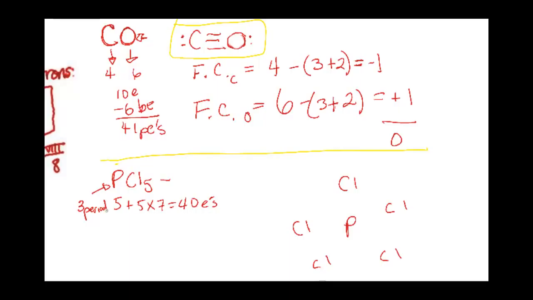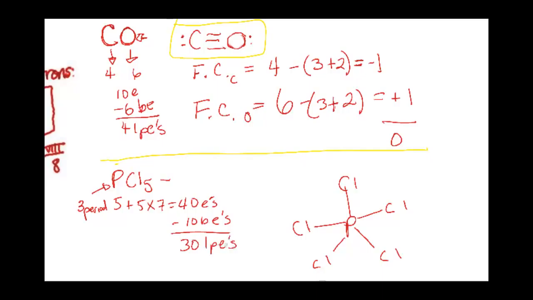So I would need an expanded octet because I need to at least form a single bond with all of these chlorines out here, right? So that would be 10 electrons, which is 2 more than the 8 for the octet. Let's see if that works out nicely. These are bonding electrons. So that gives me 30 lone pair electrons.